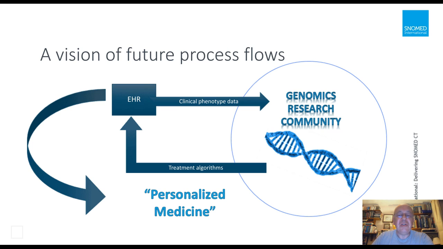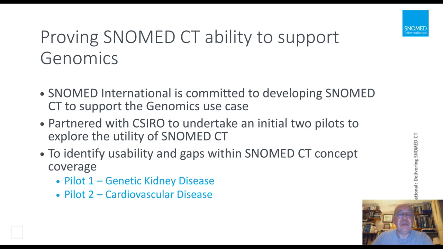By doing that research, they can then develop treatment algorithms which are specific to individuals or groups. And these can then be fed back into the EHR using the structures of SNOMED. This will then provide personalized or precision medicine, which benefits the patient in the longer term.